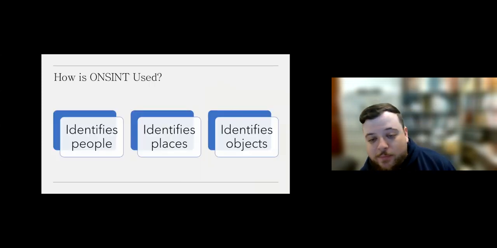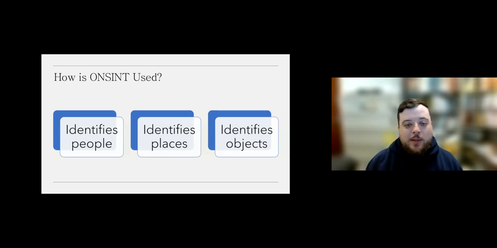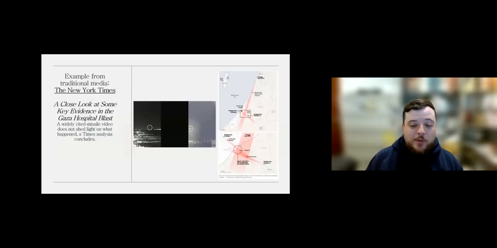We already went over this a little bit, but OSINT is used to identify people, places, and objects. There are very common uses right now that I'll go over later. But here's an example from more traditional media, such as the New York Times.